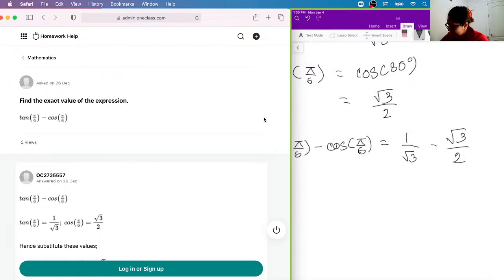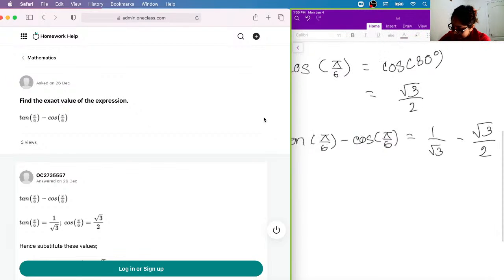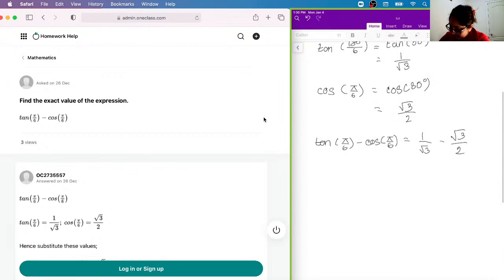Okay? And so we have to make a common denominator. In this case, our common denominator would be 2 root 3.